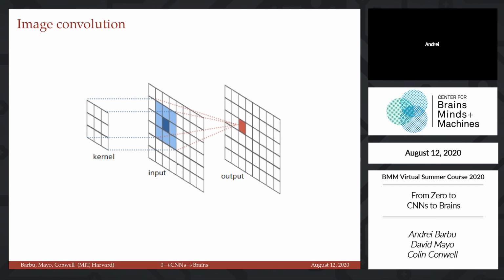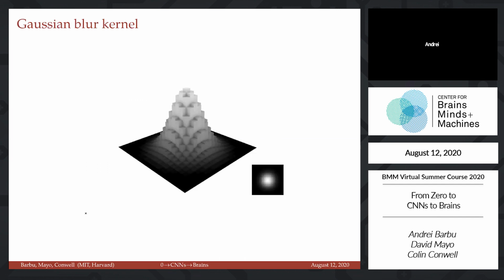And if you just repeat this, you can perform a lot of interesting image transformations, including the most popular one that probably exists in every image processing tool in the world, which is blurring. If you want to blur an image, the way to do it is to use what's called a Gaussian blur. In other words, you create one of these kernels that has a lot of energy in the middle, and the energy tapers out as it goes down to the sides.